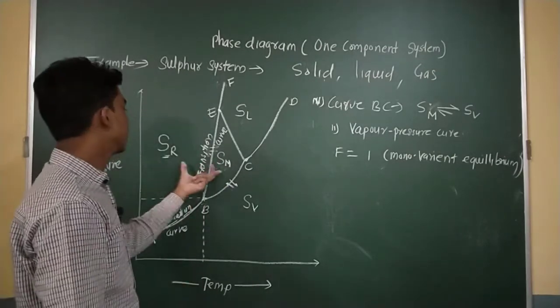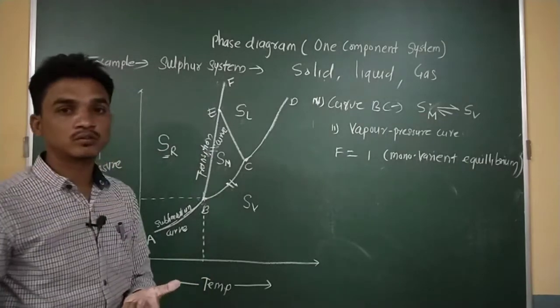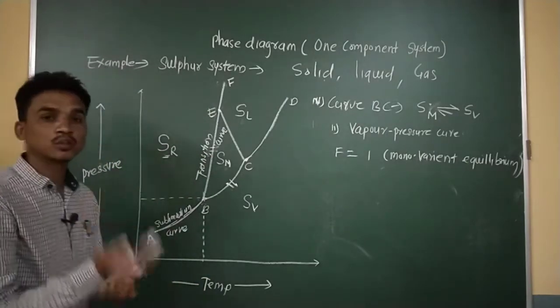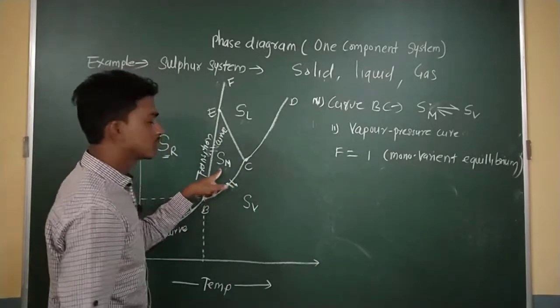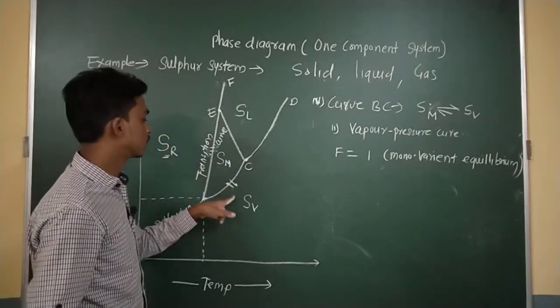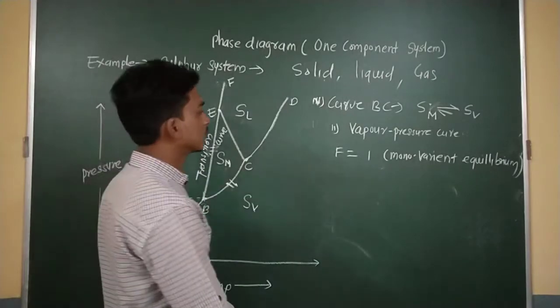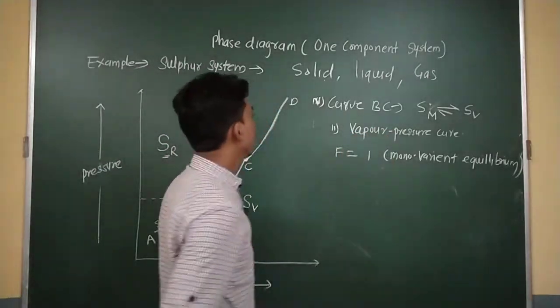Both are in solid form, but one crystal form gets converted into another, and in this state the monoclinic solid sulfur gets converted into vapor form. So that curve is known as the vapor pressure curve.